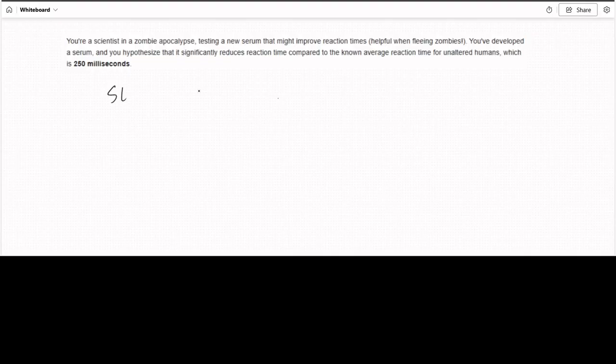So first is step one, and that is stating our hypotheses. If we want to test hypotheses, we have to know what they are. So first we have H naught. If you remember, this is our default, our starting point, the thing we're trying to find enough evidence to disprove.